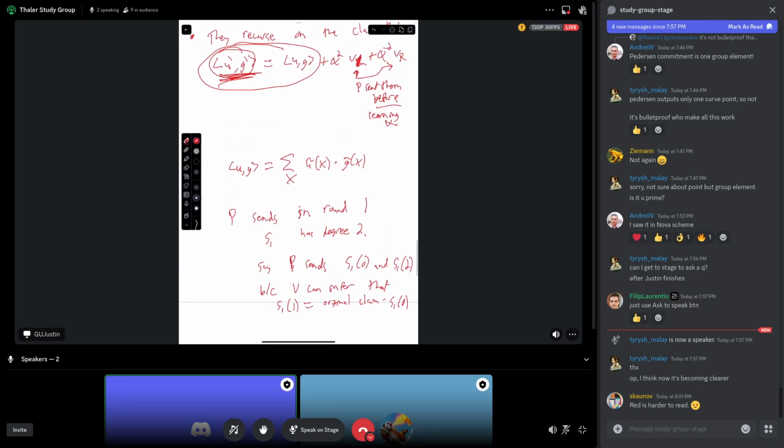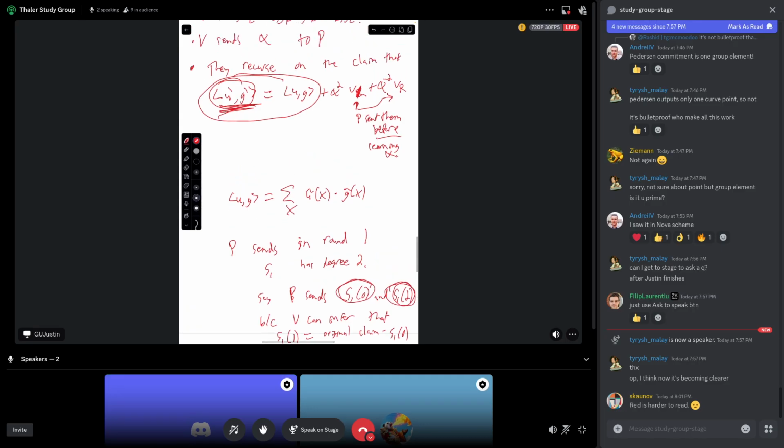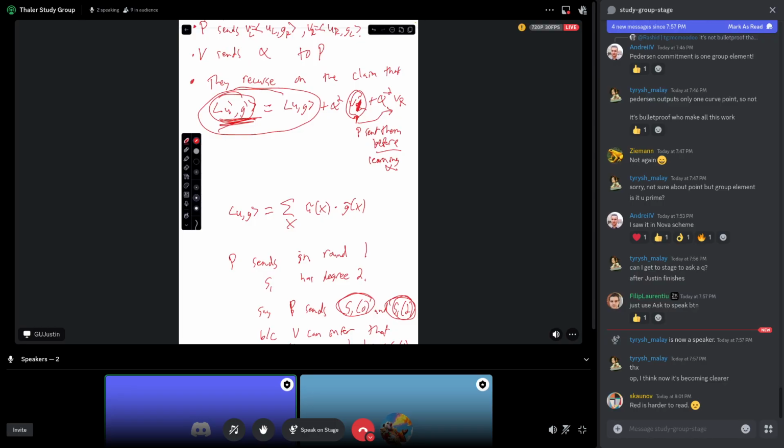What I'm saying is that the prover in each round sends 2 field elements. That is completely analogous to these 2 group elements, the cross terms. The sum check arguments paper I mentioned says that if you set up the algebra correctly, VL literally is S1 of 0 and VR literally is S1 of 2, waving my hands a little bit.